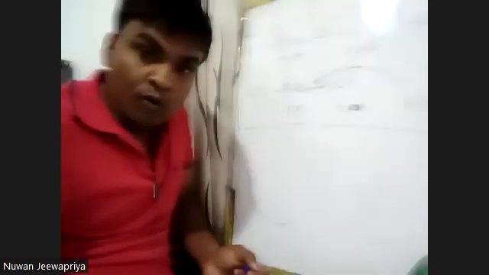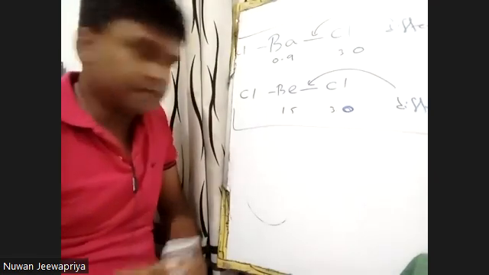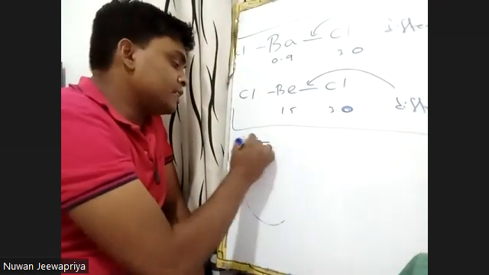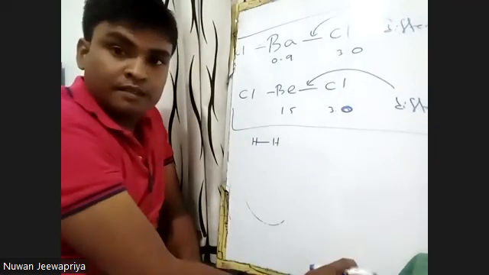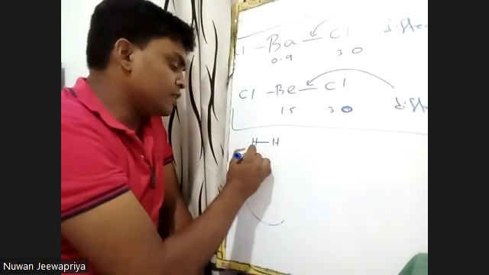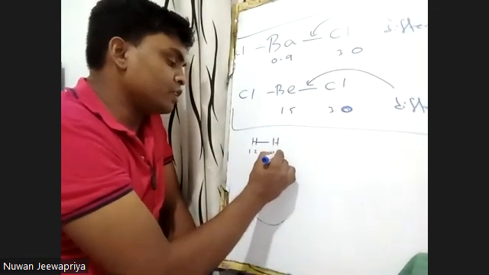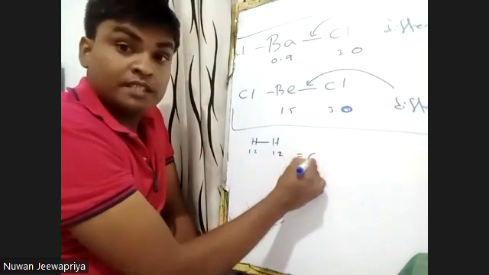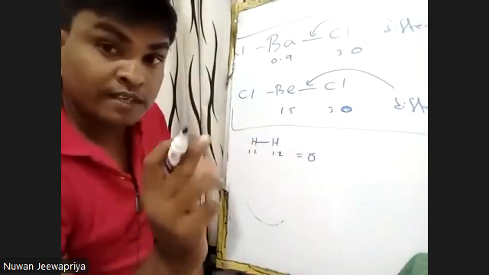Now I will recall the theory lessons that we discussed. We consider hydrogen and hydrogen. Hydrogen is 1.2 and hydrogen is 1.2. What is the difference? 0. The electronegativity difference is 0.